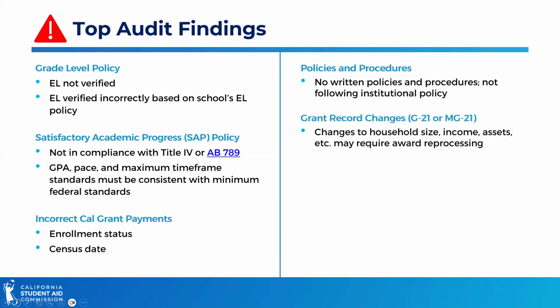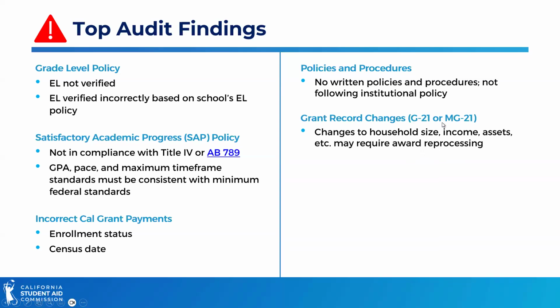Grant record changes, right? Sometimes changes, well, not sometimes, but all the time, if there is a change to a student's household size, income, assets, those things can affect awarding, right? So a student may have been preliminarily awarded when in fact additional information comes out that may impact that award outcome.